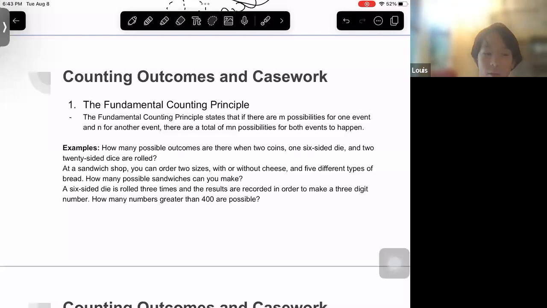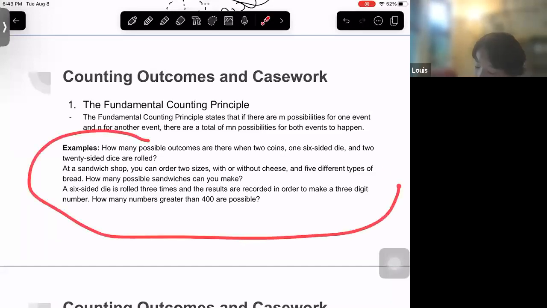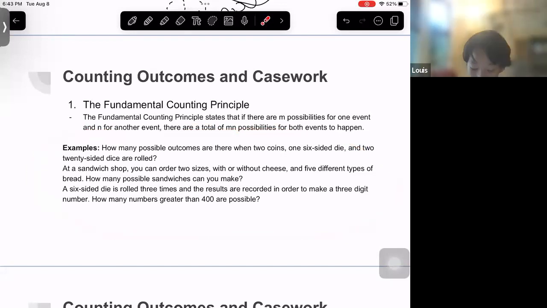Then this will obviously be true because we can just choose one of them from the first one and choose one of them from the second one, and there will be mn possibilities. So I'll give you guys a few minutes to solve these.